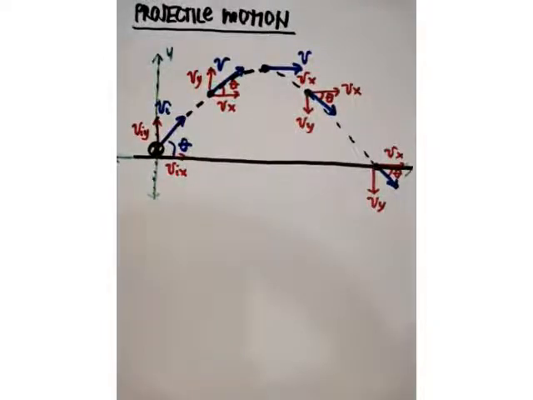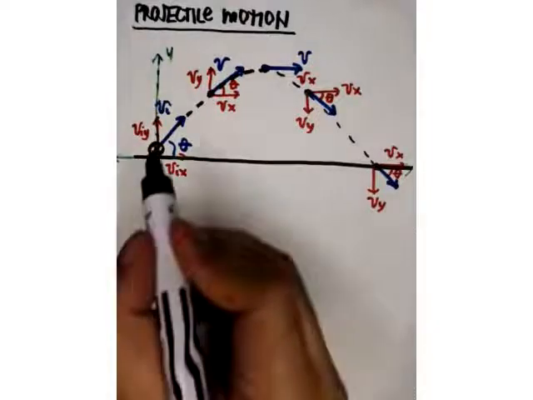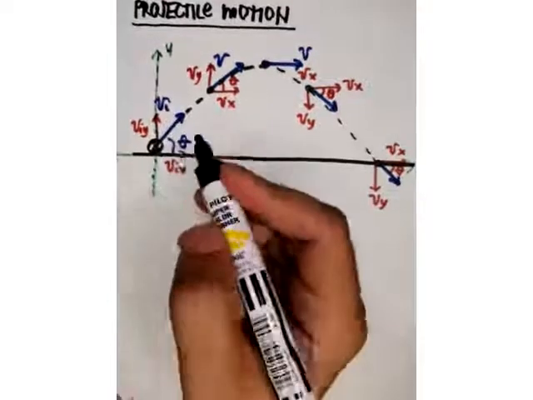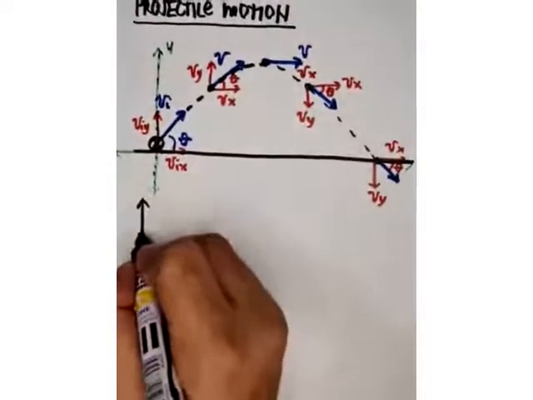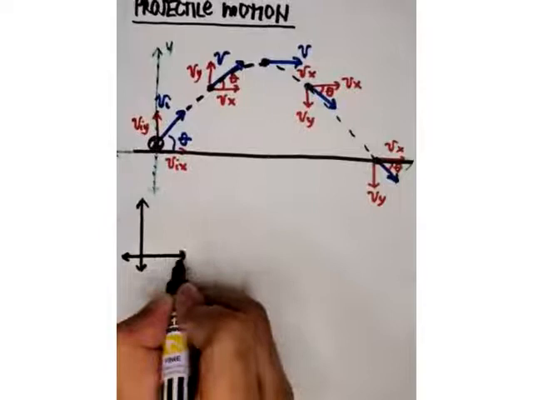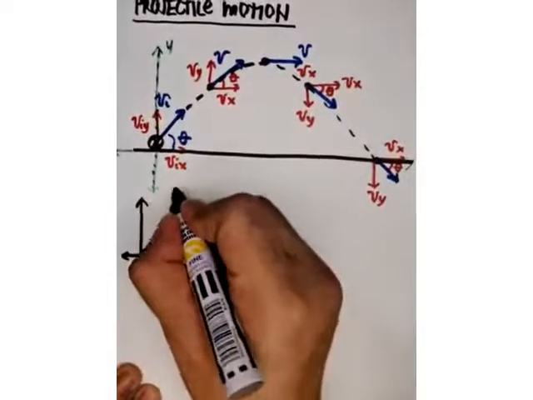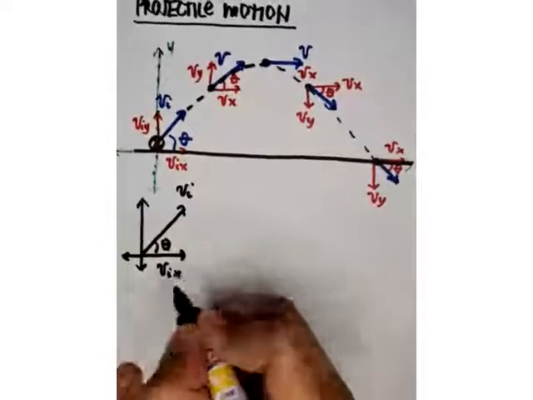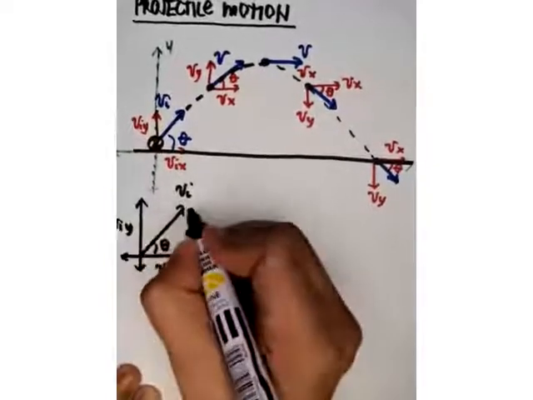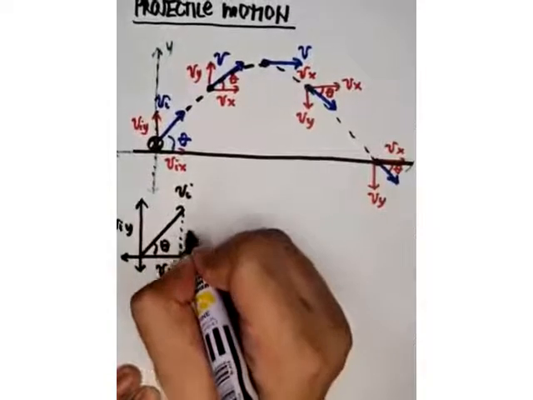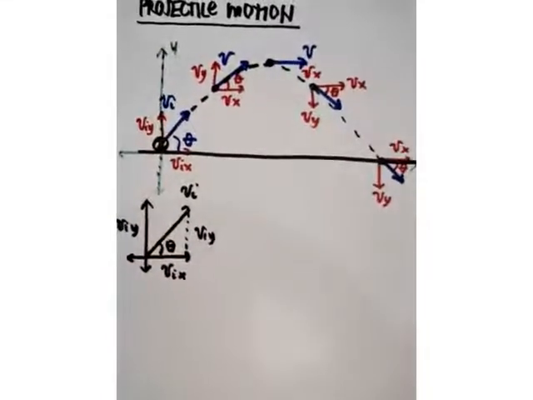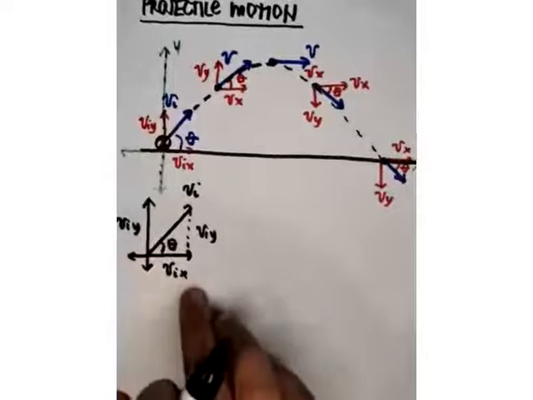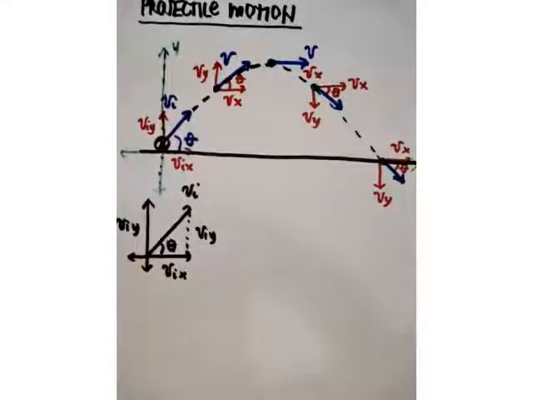Okay? Let's focus on the initial velocity. Nakikita natin dyan na ito yung ating initial velocity. Tapos meron siyang angle. Nandito yung VIX, tapos nandito yung VIY. Pwede nating i-move na nandito yung VIY. Kaya kung given yung VI, gusto nating kunin yung VIX at VIY.